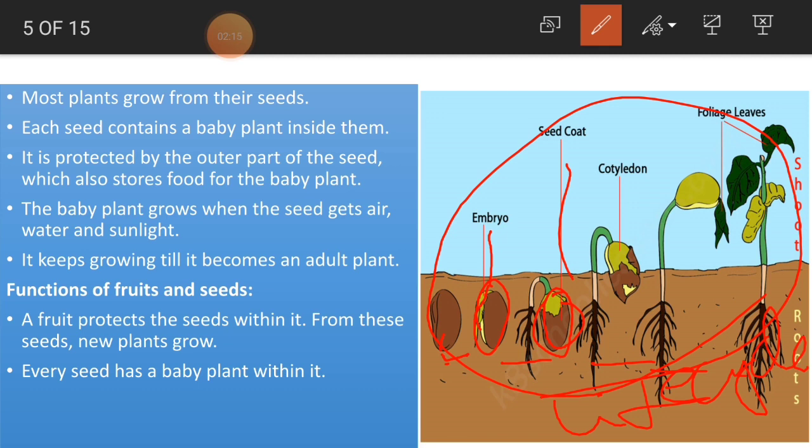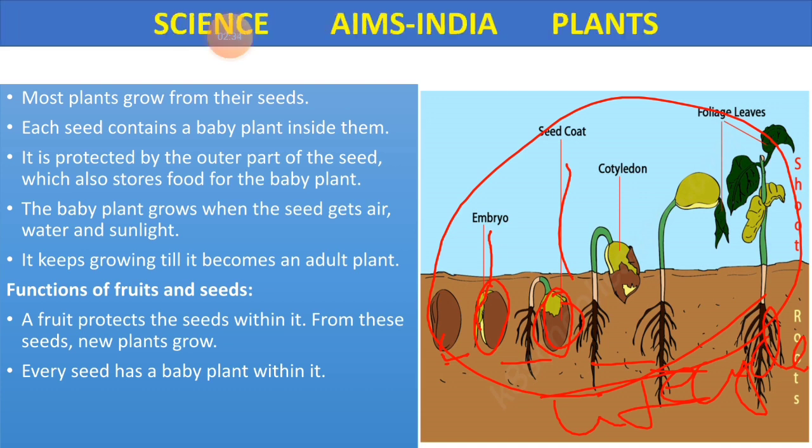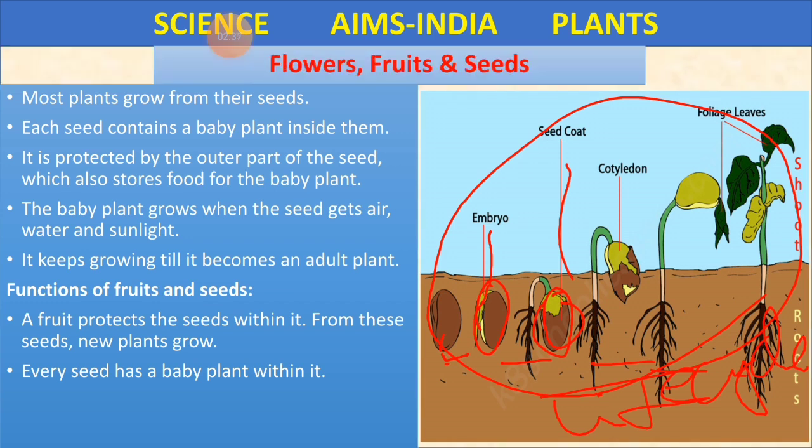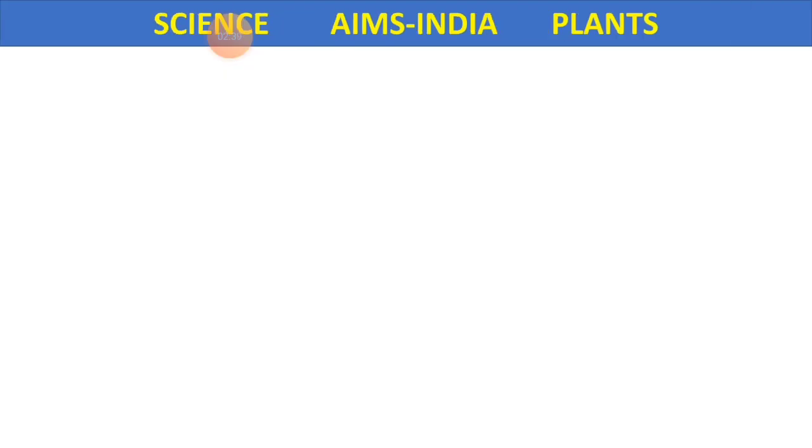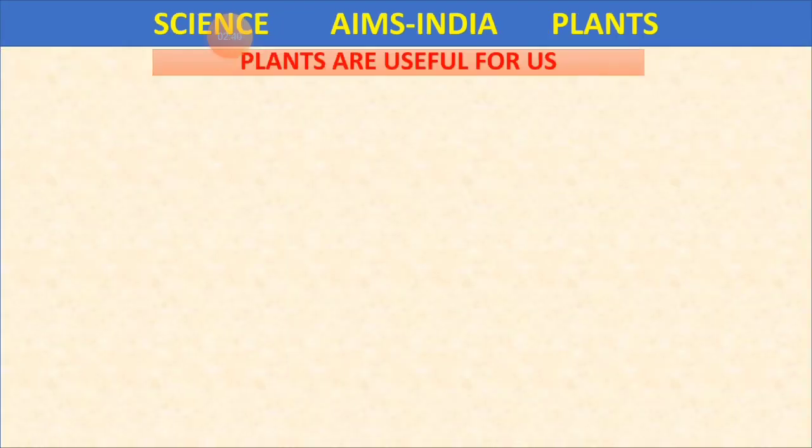New plants grow. Every seed has a baby plant within it. Okay, children? We can grow plants with the help of those baby plants. Clear, children? Now next, we will see the uses of plants.